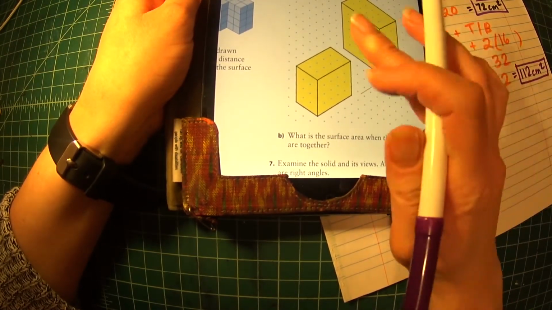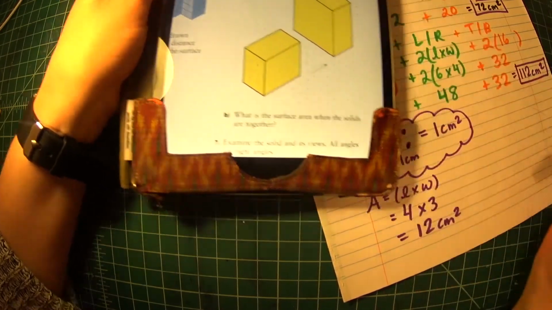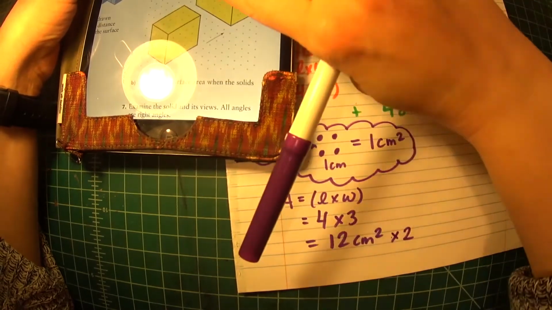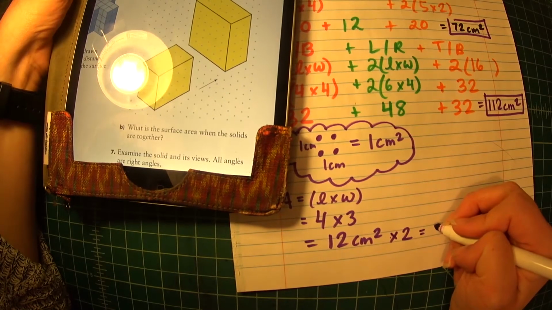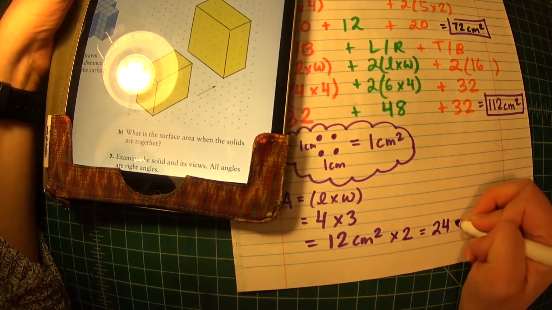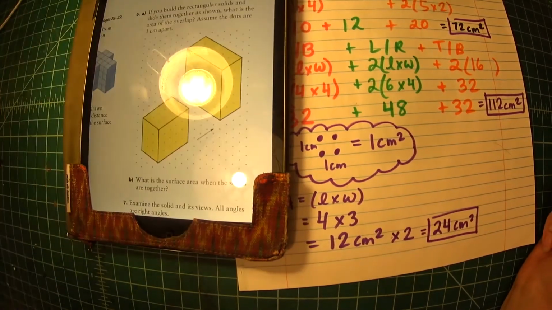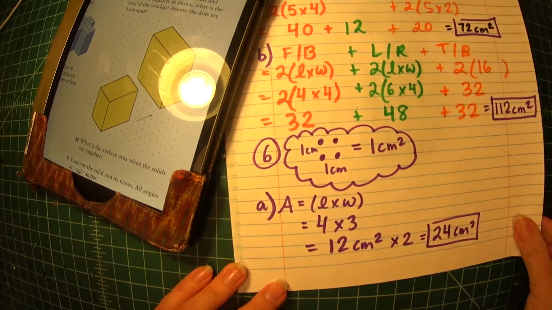But like I said, when we push it up, it's also going to cover that same area on this big one. So let's double that to account for that back, but also what it's covering on the big one. 12 times 2, 24 centimeters squared. So that's what's going to be covered by the overlap. That takes care of A.